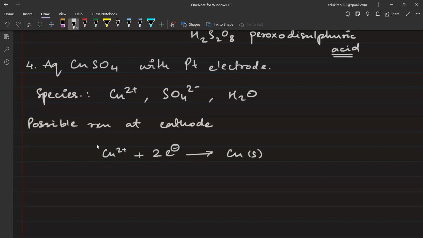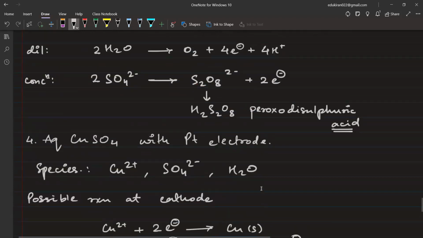This can be one reaction. Another reaction that can happen is a water molecule will take 2 electrons and what will form? At the cathode, will hydrogen form or oxygen? Hydrogen gas plus OH negatives. How many OH negative? We forgot this. How many OH negative were there?